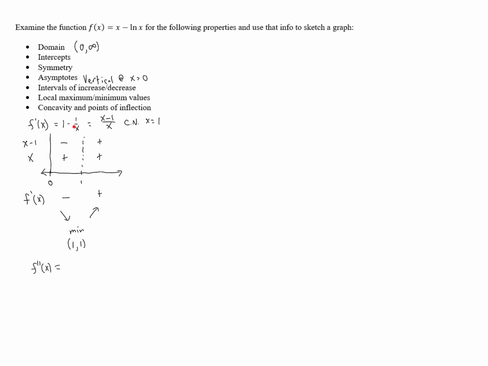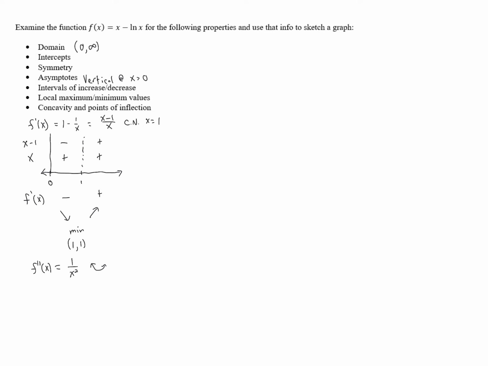The derivative of 1 over x is negative 1 over x squared, but that other negative in front makes it positive. So we've got positive 1 over x squared. This is never equal to 0. So we're not going to have any critical numbers. In fact, this is always going to be positive on our domain. So that means that we're always going to be concave upward.